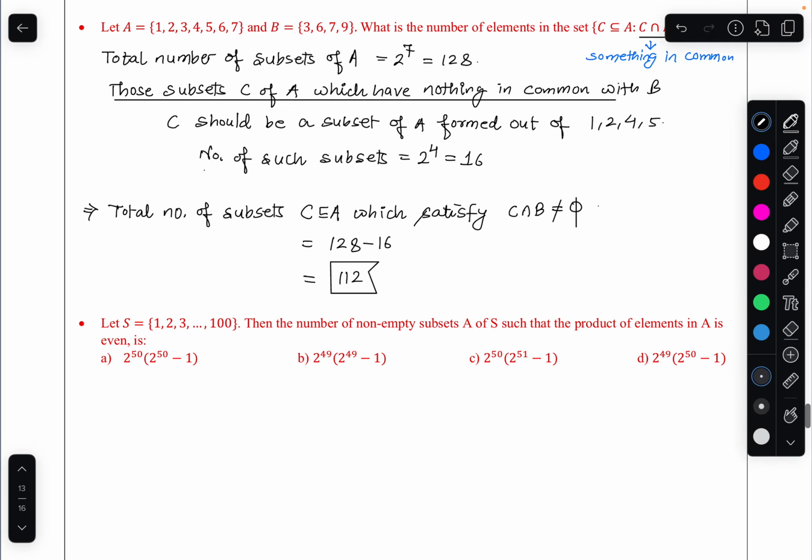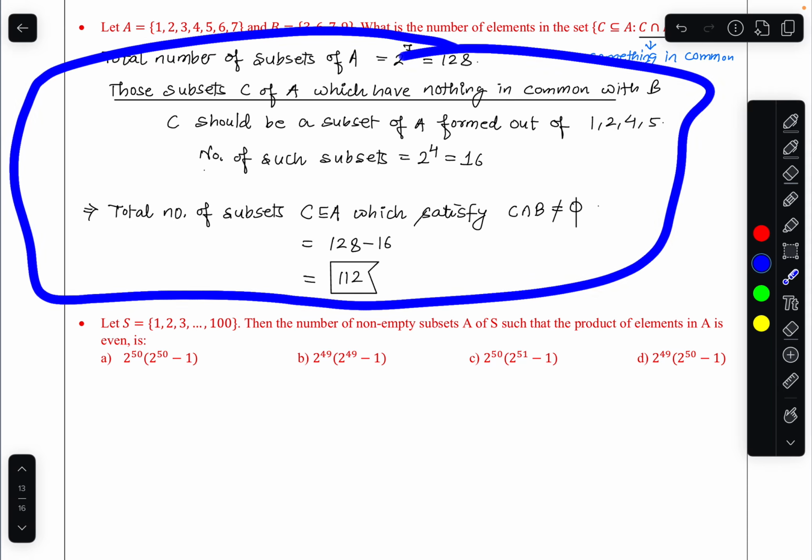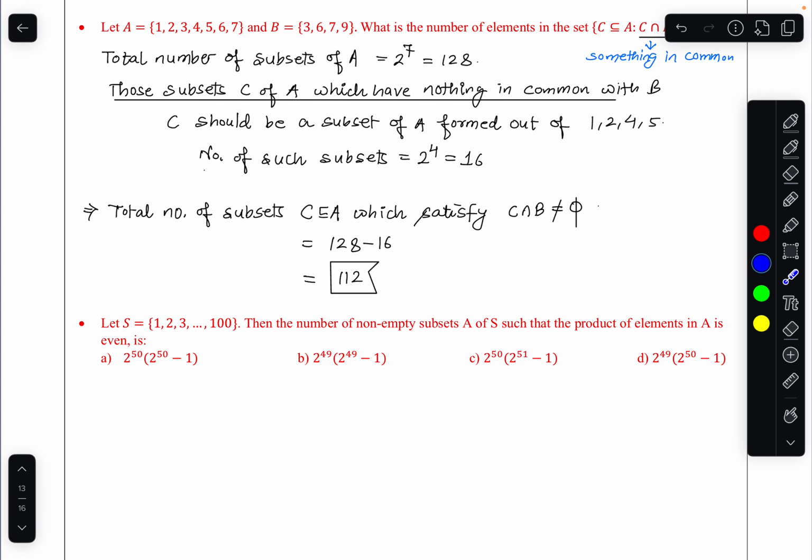Then again, I'll try to do something similar to what I did here. One thing is I am being asked to find the number of non-empty subsets of S such that the product of elements in them is even. I want the product to be even. So let's do this.